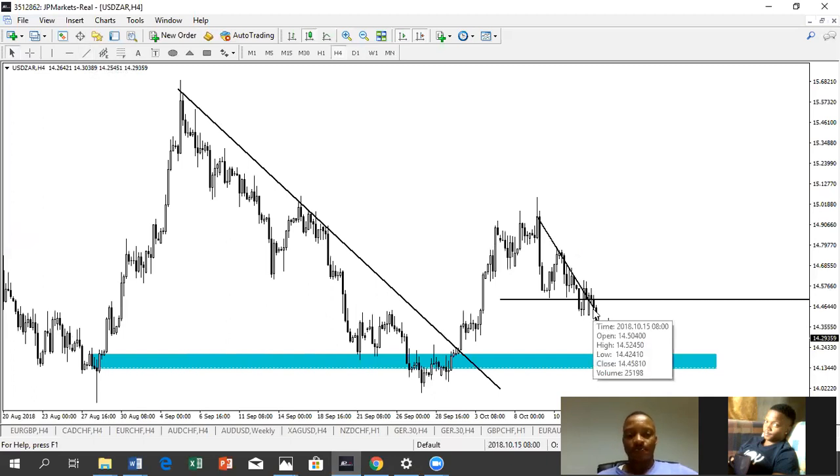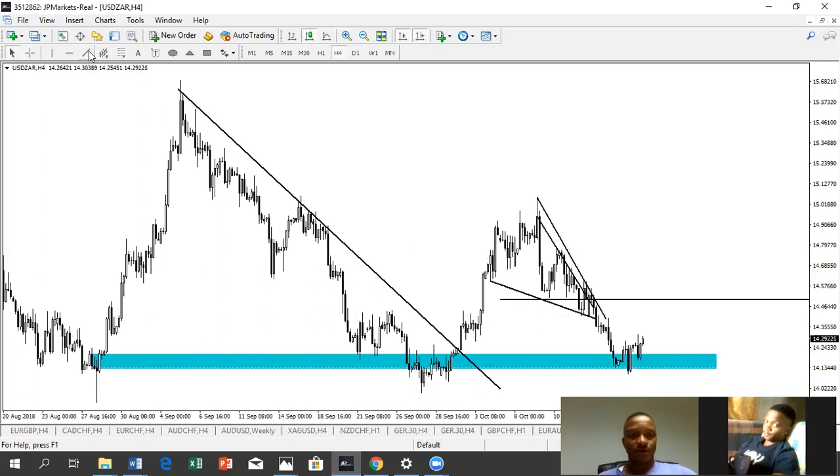We nailed it so nicely because, remember, in the last video I did, we said this here would be our nice pennant, and this one here would be our trend line.